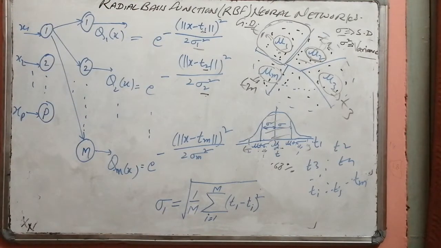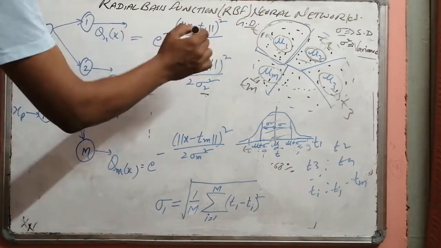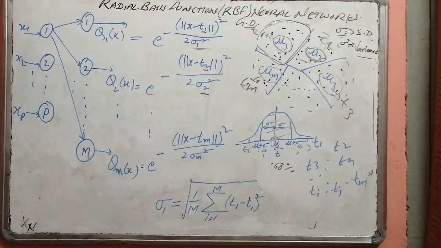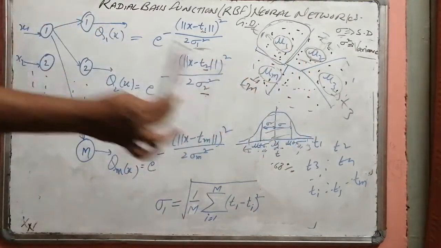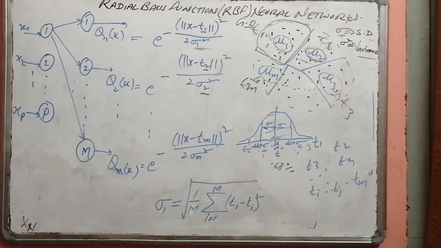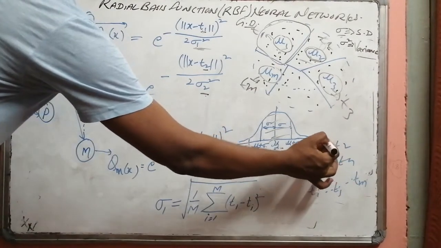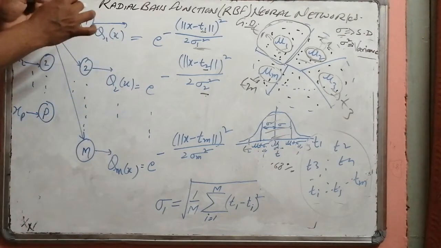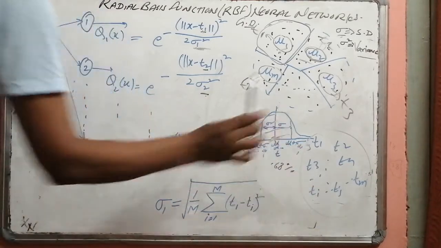Now we have to calculate this sigma square, this variance, which comes from the calculation of the standard deviation. For calculating this sigma, we have to consider a space that is a representation of your receptors, or you can say the mean values of clusters. So this is the space representing your receptors, and as we know, there were m number of radial basis functions, so it will contain m number of receptors.